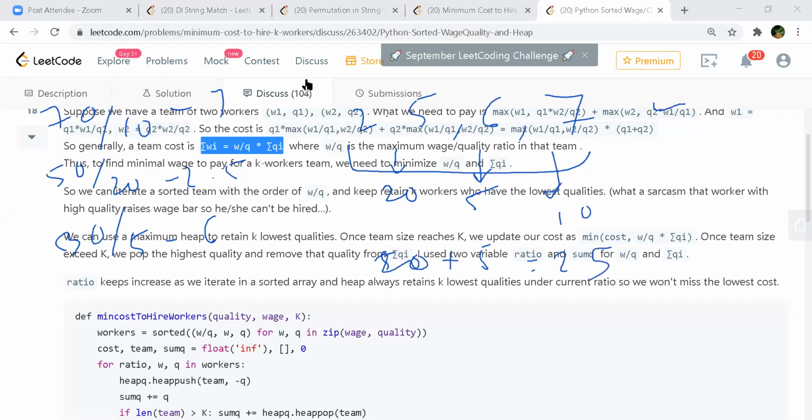Now the overall quality of these two workers, because k equals 2, we have pushed into the heap. Why we are pushing into the heap, we'll come to that later. Once we have that 25, we can use this factor of 6.